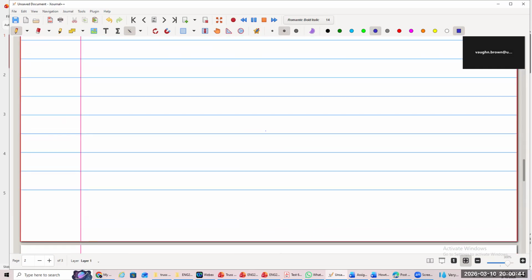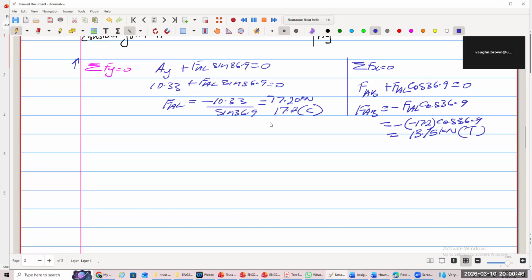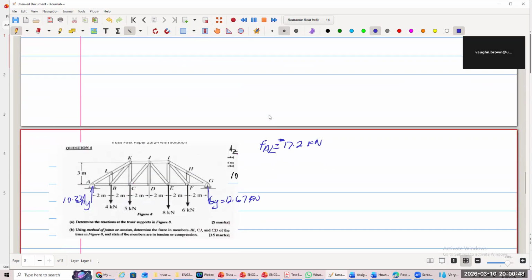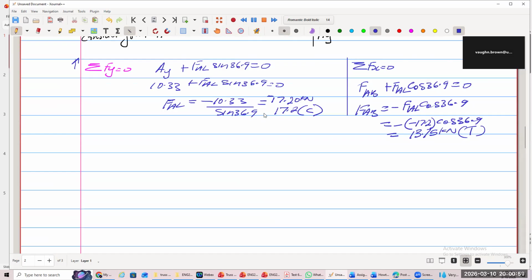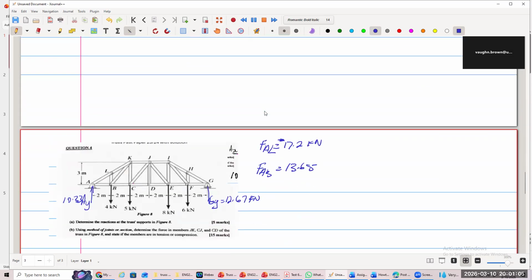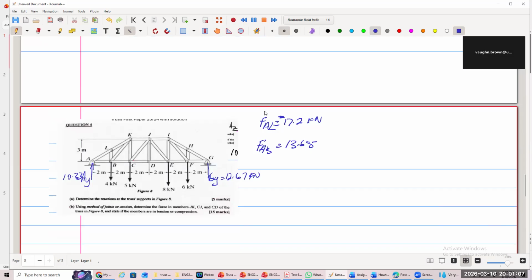That's what we know. What else did we find now? We found FAB. FAB is what? 13 point, what is it? 65 or 56? 13.75? Was that the correct figure? Anybody remember?